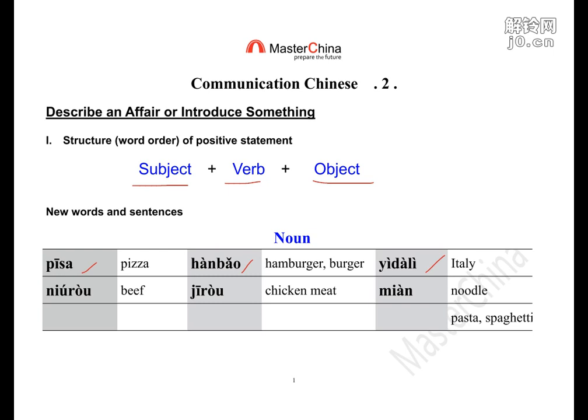Some translation is not so important. So people prefer to keep the original pronunciation. So like pizza and 汉堡 and 意大利. So especially like the country's name, we prefer to keep their original pronunciation as much as possible.